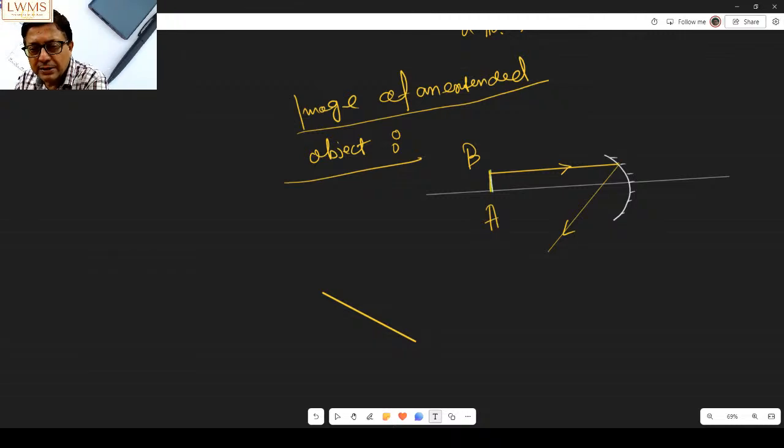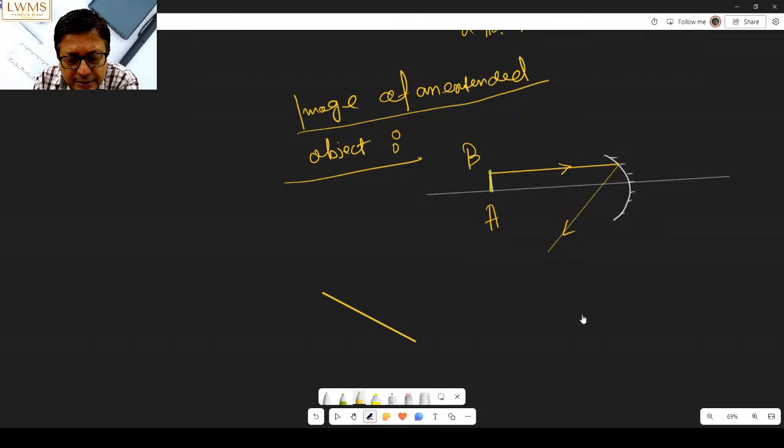Step number 1. To form the image of an extended object, we remember this convention. If a ray is sent parallel to the principal axis, it will meet at the focus after reflection.